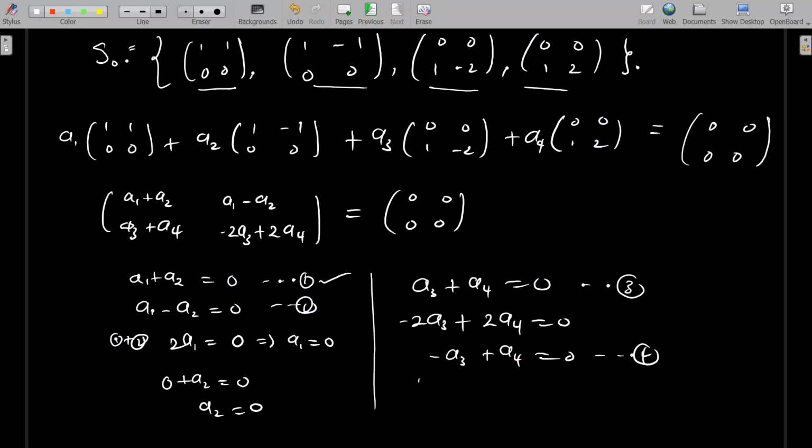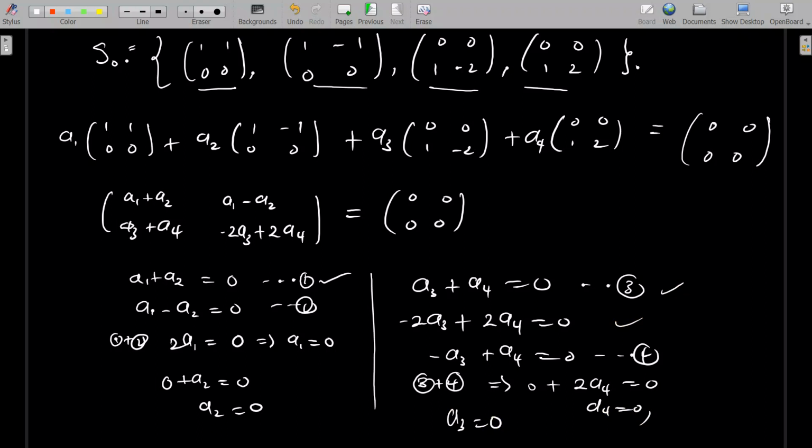So again, if I sum 3 and 4, a3 plus negative a3 will give me 0, so I have 0 plus 2a4 equals 0, and a4 will be equal to 0. If you put a4 in any of these, you're going to have a3 equal to 0.